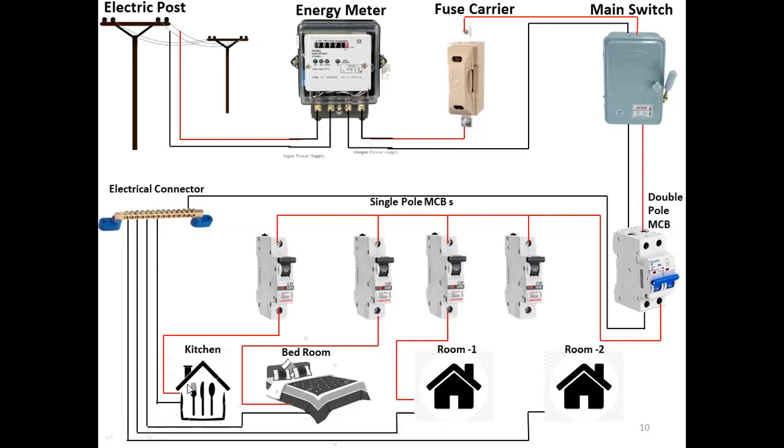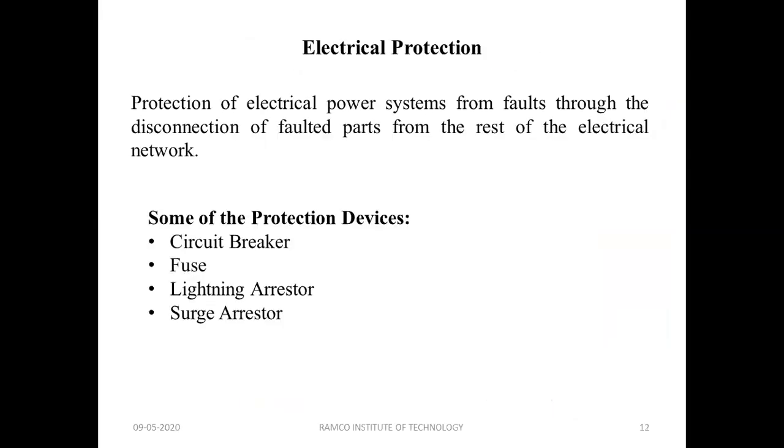The protection system will disconnect your kitchen from the entire load, right? That is what protection is. See the definition: it will disconnect the faulty part from the rest of the electrical network. So if there is any fault in your kitchen load, it should be entirely isolated, and the rest of the load should function normally. Right? That is the role of protection.